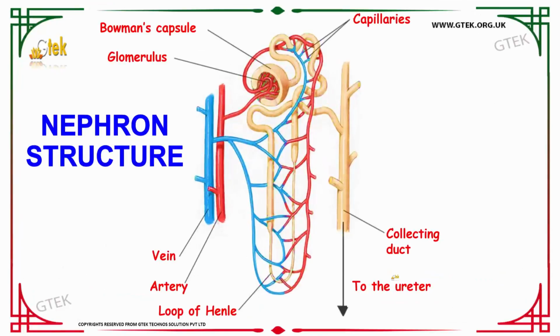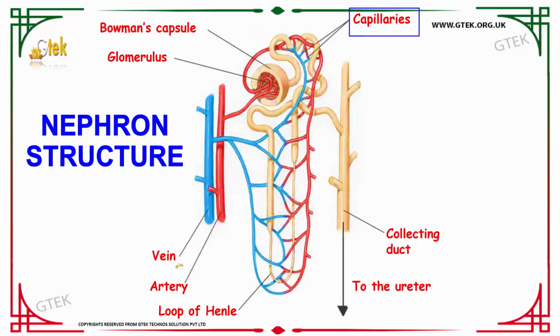Let us study about the nephron structure in detail. Your nephron is a functional unit of a kidney, and it has the filtration portion known as your glomerulus. So here your arteries which carry the unfiltered blood enter into the glomerulus, and then the glomerulus is located in the Bowman's capsule. You have the capillaries which are surrounding your nephron, which have the pure and the impure bloods.